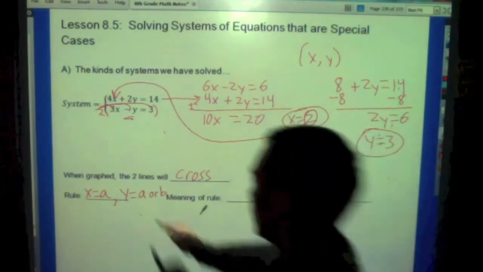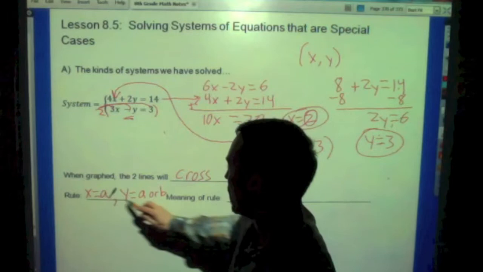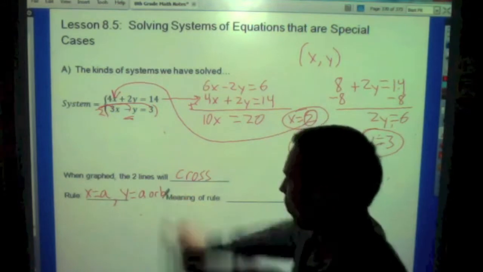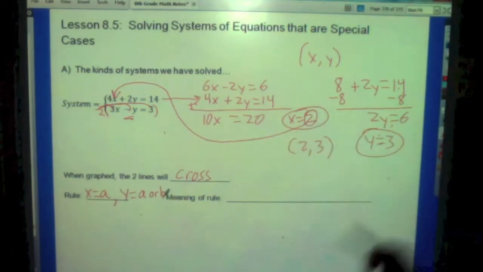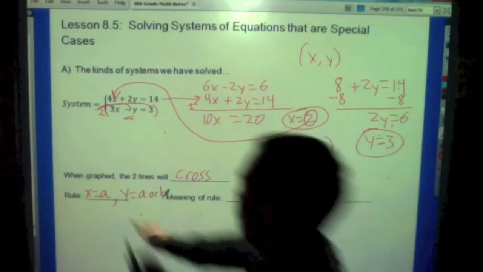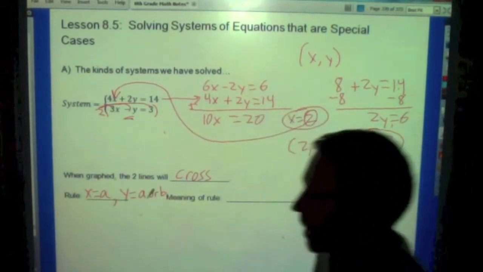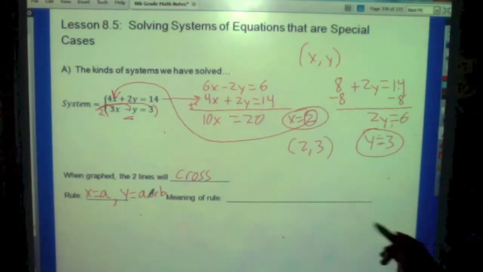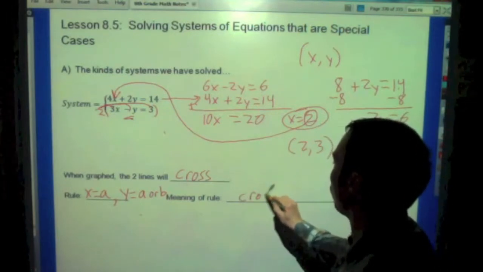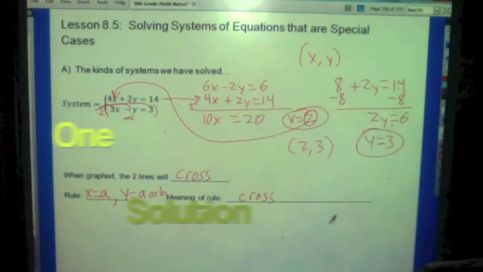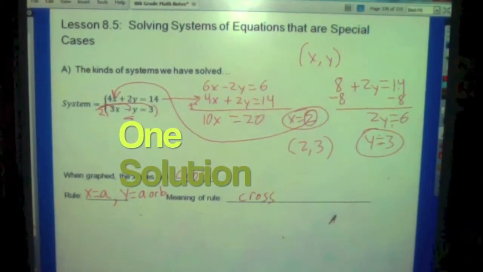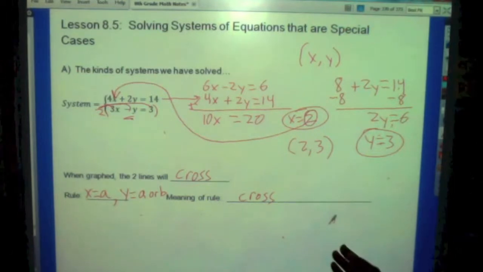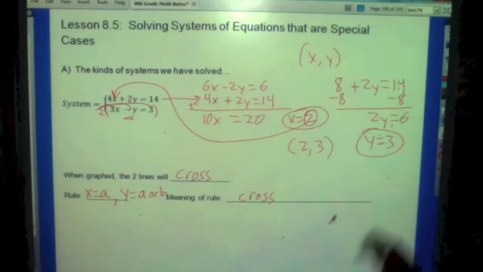They could be the same exact number, like 3 and 3, or a different number. As long as we get one number for x and one number for y, we know that the lines will cross. If you get coordinates, a number for x and a number for y, the lines are going to cross.